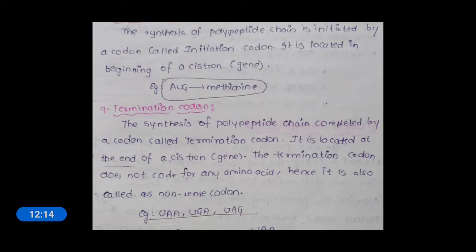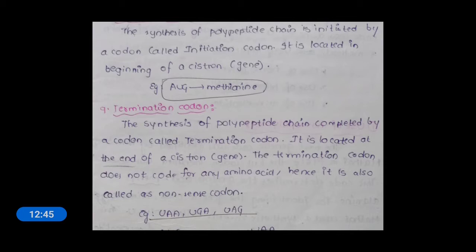Whenever mRNA is being translated and any codon like UAA, UAG or UGA appears in the mRNA sequence, what will happen immediately? The translation process will be stopped and termination of the polypeptide chain will be observed.